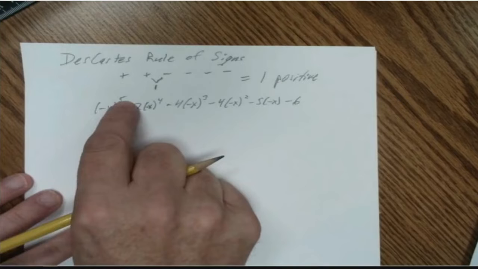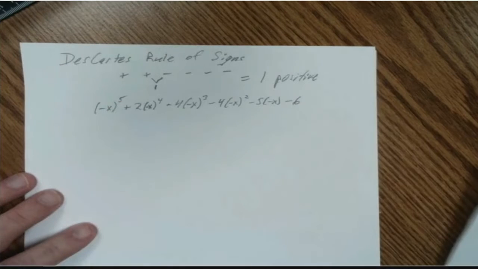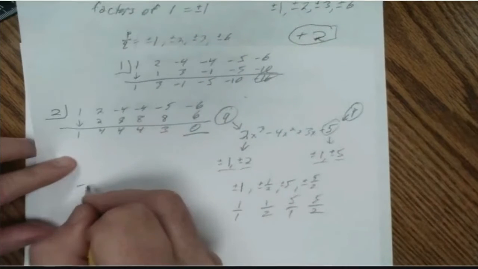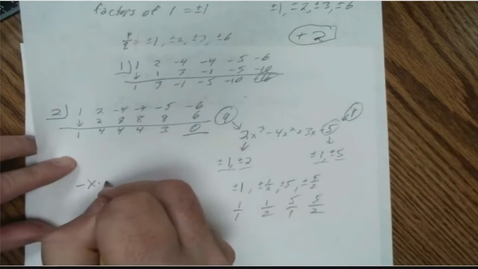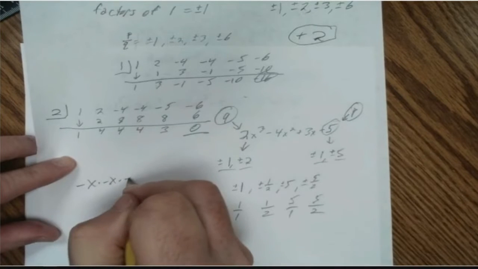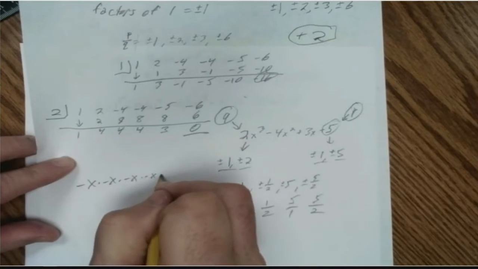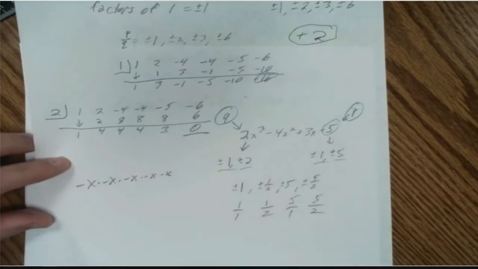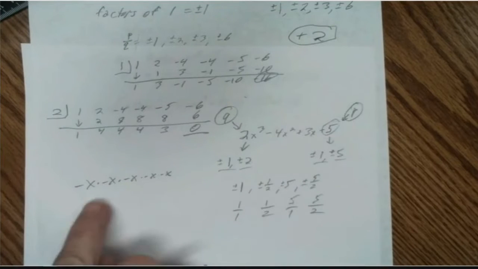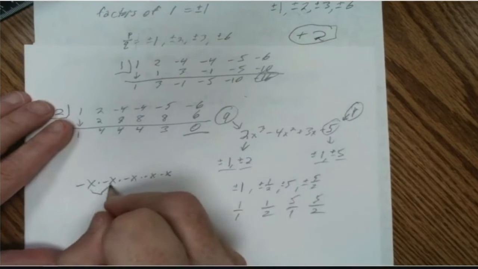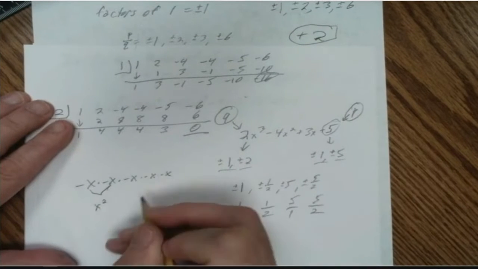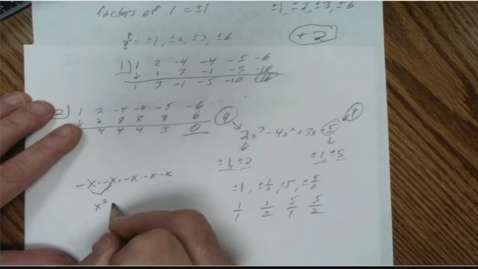So negative x to the fifth, right? Negative x to the fifth is negative x times negative x times negative x times negative x times negative x. It's multiplying negative x times each other 5 times. So when you multiply 2 negatives, this is x squared. And then we multiply it by the next negative x.